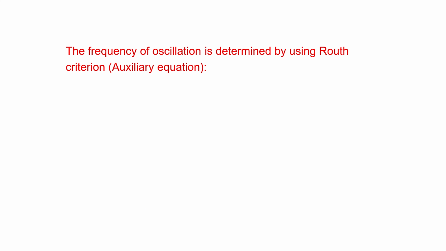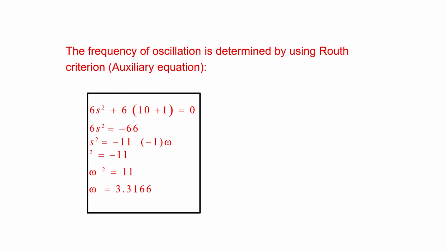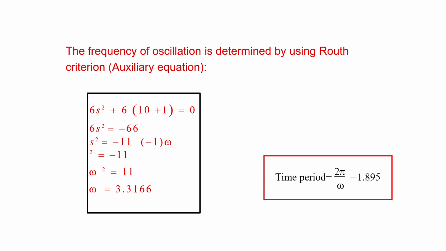Also, we need to find the frequency of oscillations, which can be determined by using the Routh criterion, that is the auxiliary equation, and it is given as omega equal to 3.3166, and the time period is 2 pi by omega, which will be 1.895.